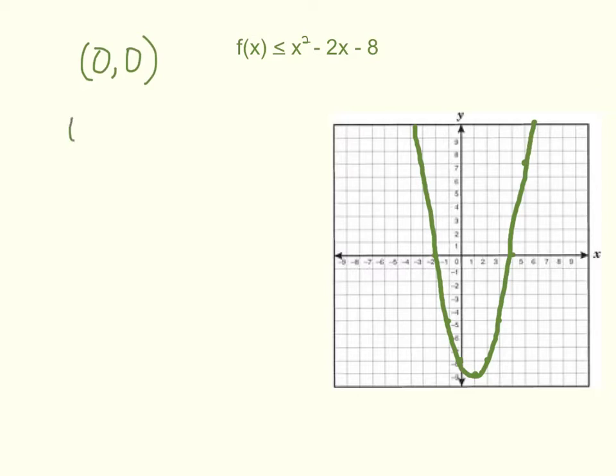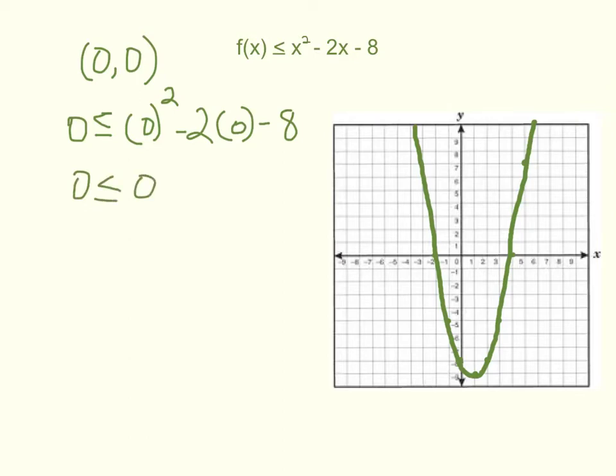So I'm going to have 0 is less than or equal to 0 squared minus 2 times 0 minus 8. We know that 0 squared is 0, and we know that negative 2 times 0 is 0. Minus 8. So we would have 0 is less than or equal to negative 8.